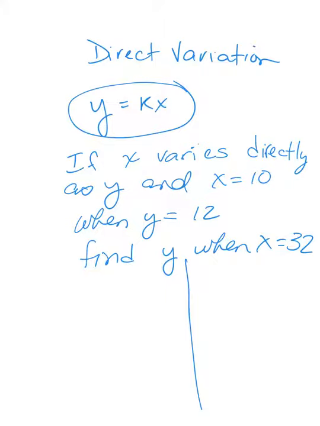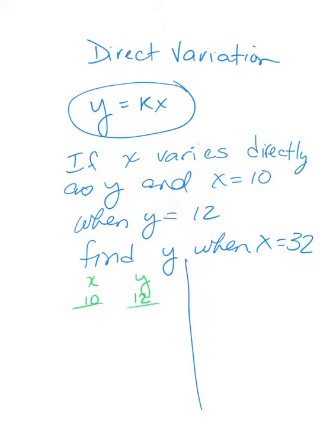So the first way is just a basic proportion. What two letters are we dealing with here? Y and K. No? Y and X, right? X and Y. So X varies directly as Y, and X equals 10 when Y equals 12.